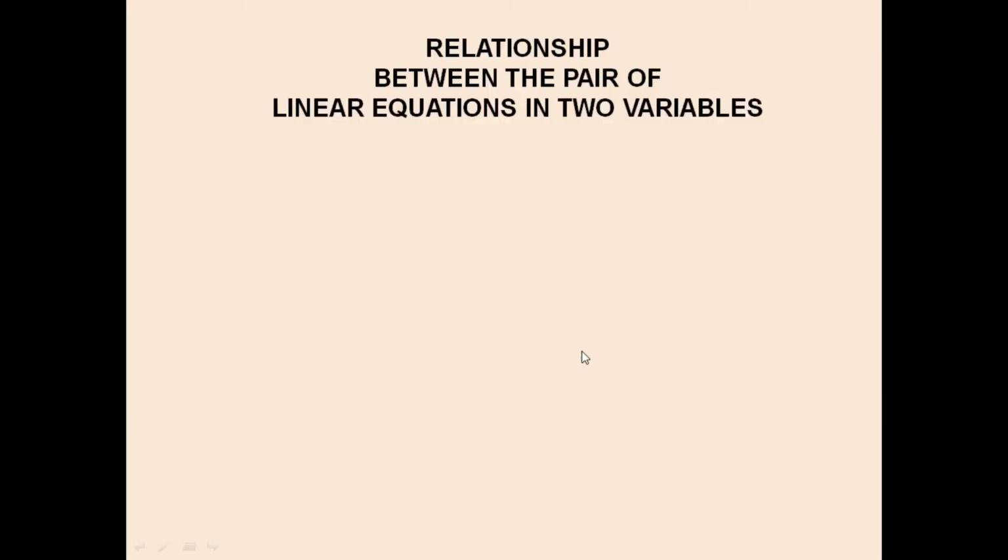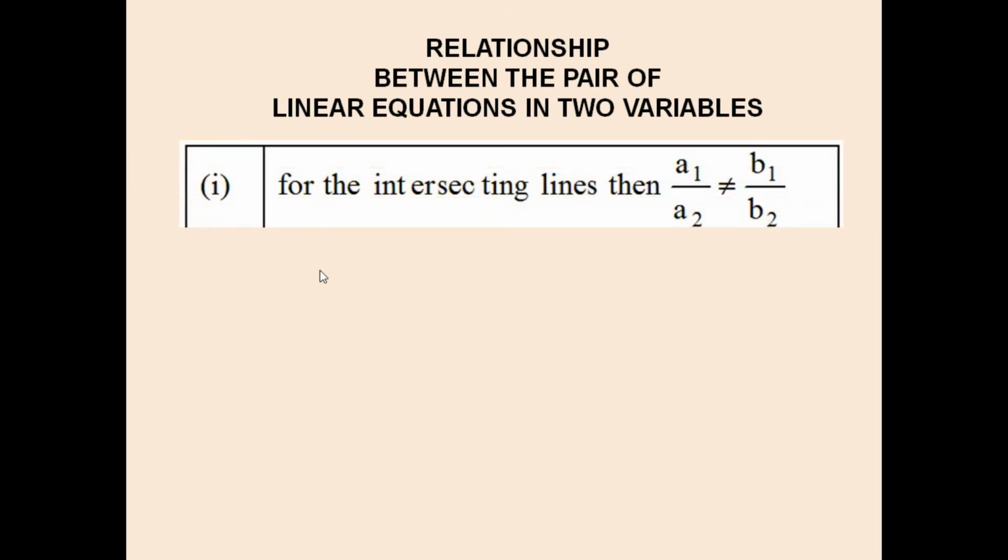However, if I plot the same equation on a graph, it will be a line. That is where the word linear is coming from. There could be quadratic equations. Quadratic equations do not look like a line on a graph, but a linear equation looks like a line on a graph. Now let me start with the relationships.